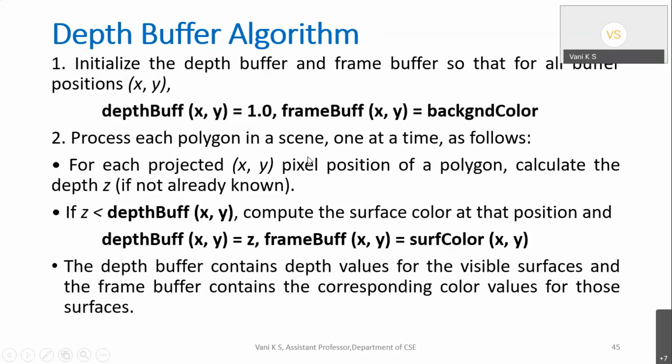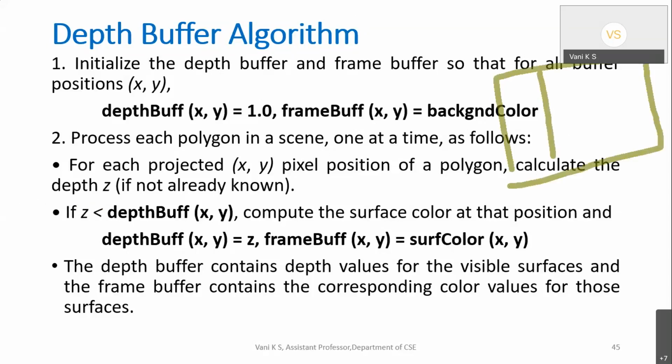So if a polygon has 6 faces, you take each face, and in each face, each pixel, you have to decide. Then you take the depth of that particular pixel. If it is less than the depth buffer value, there will be some buffer here.